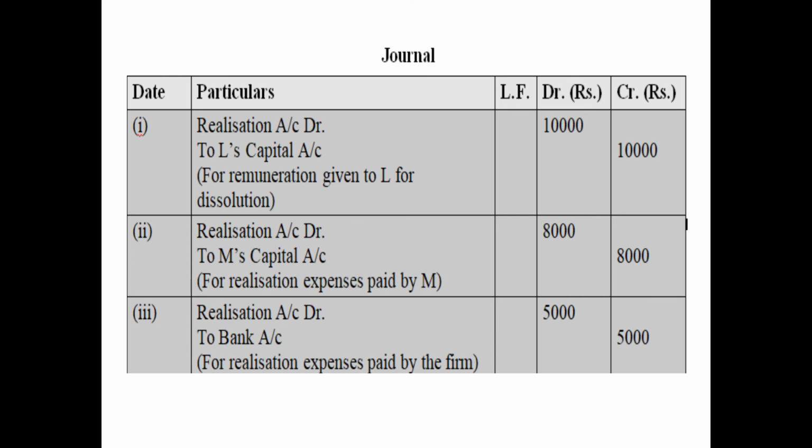Then the third case, when nothing was mentioned, only the amount of dissolution expenses was mentioned, and therefore we have assumed that these are paid by the firm only. So the entry will be realization account debited 5,000 to bank account 5,000.